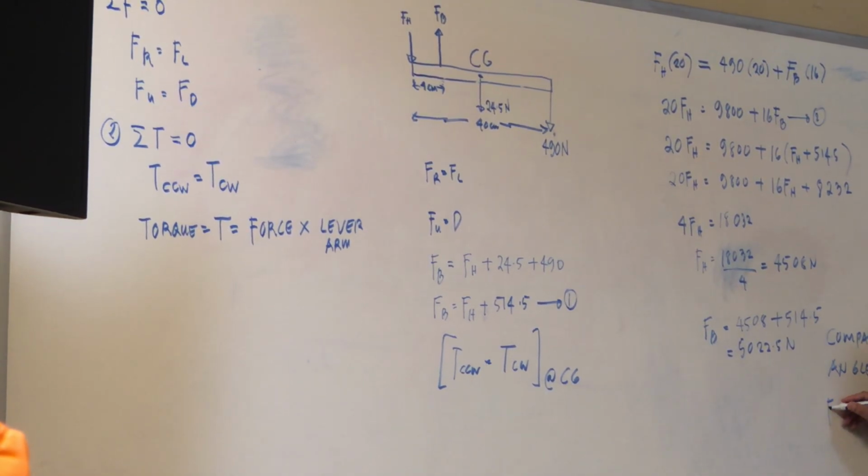FB was 5,800, which is greater than this. It's greater by about 800 newtons. 800 newtons is about 200 pounds, and 200 pounds is a large force. So it effectively reduces the strain on your muscle if you bring the load closer to you.